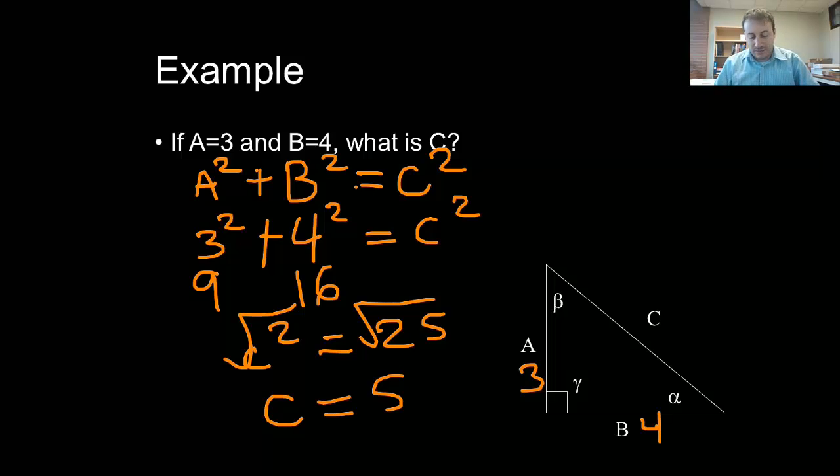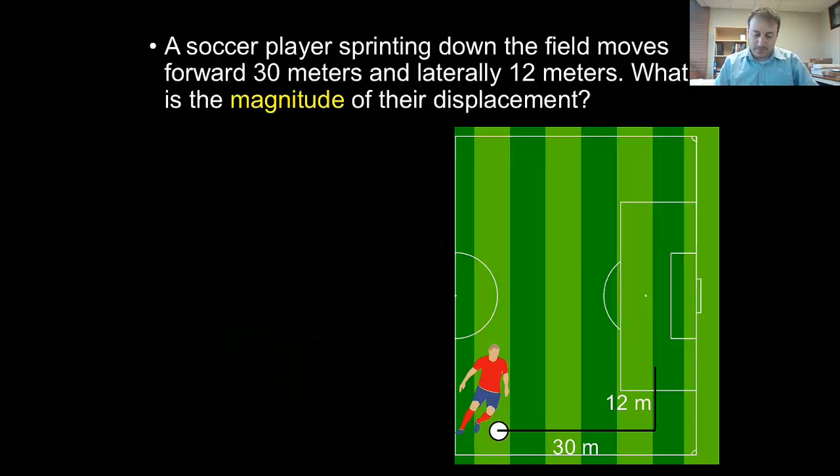Let's try out another example, but this time we're going to try an example that's more related to biomechanics. So we've got a soccer player, and he's going to be sprinting down the field. He's going to move forward 30 meters, and then he's going to turn and go laterally 12 meters. What we're trying to solve for is the magnitude of their displacement.